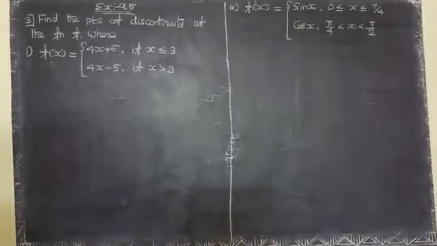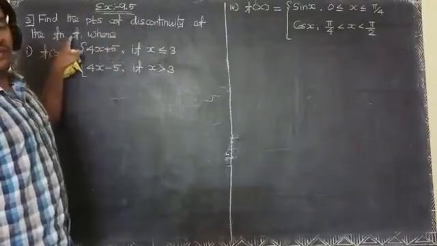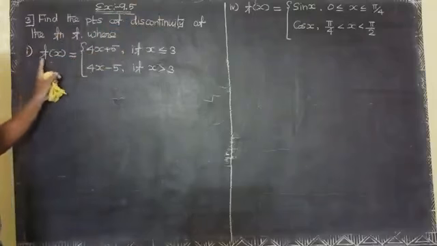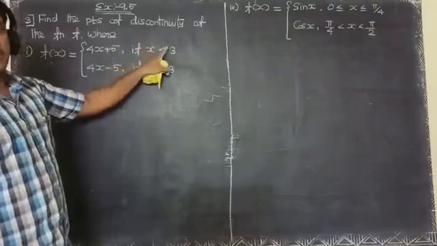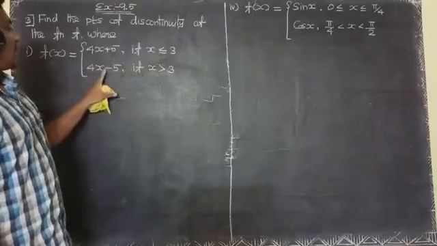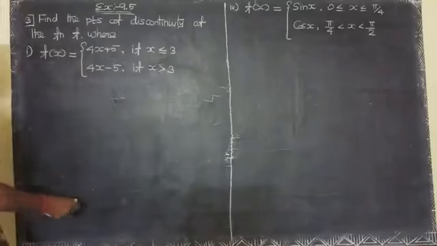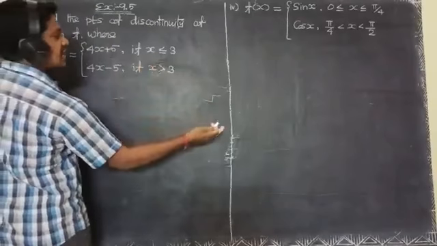Question number 3. Find the points of discontinuity of the function f, first subdivision and fourth subdivision. First subdivision: f of x equal to 4x plus 5 if x less than or equal to 3, and 4x minus 5 if x greater than 3. To check at which point the given function is continuous or discontinuous.